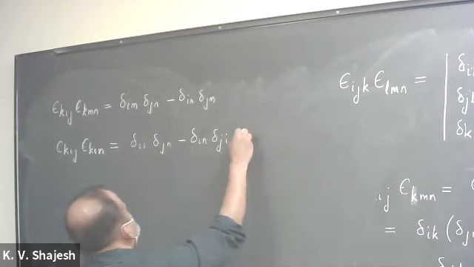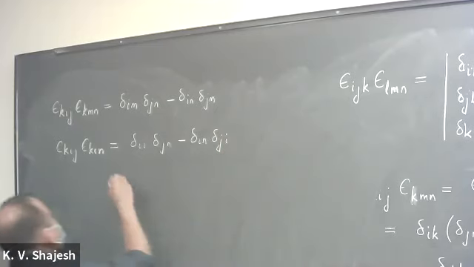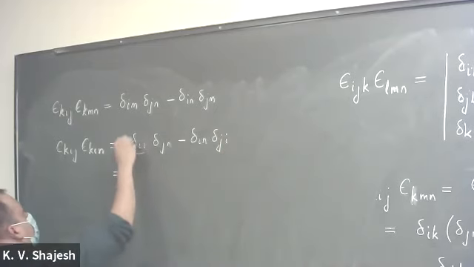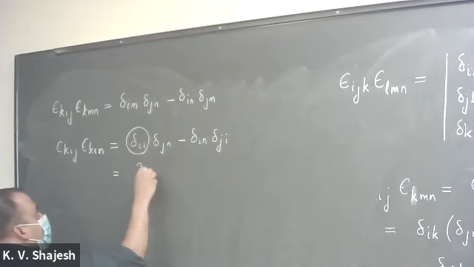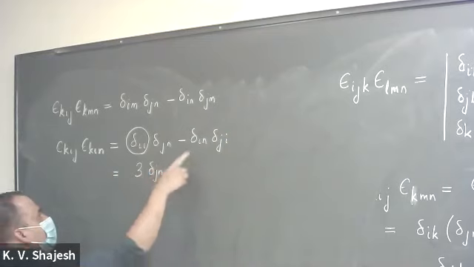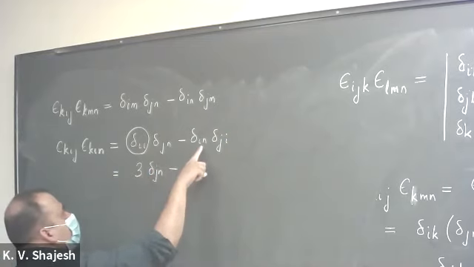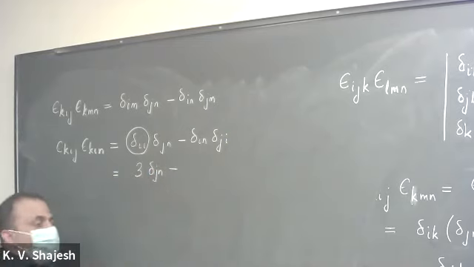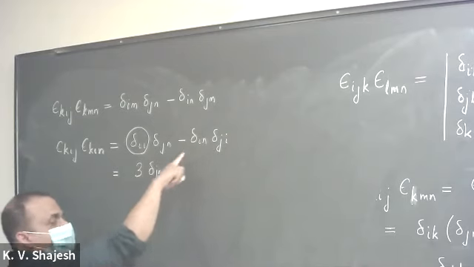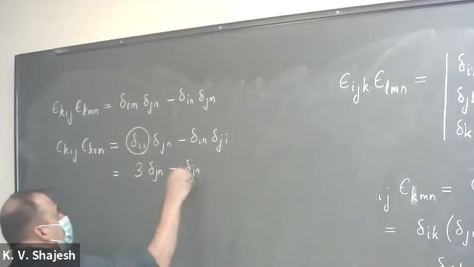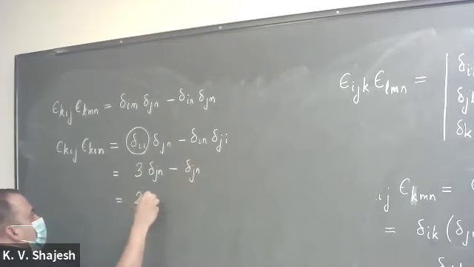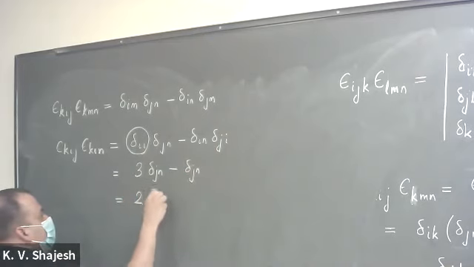And that's equal to, what is delta i i? 3. Okay, so it's 3 delta j n. And what is this? Now that is a summation over i, so I have to replace i with n: delta j n. And that's equal to 2 times delta j n.